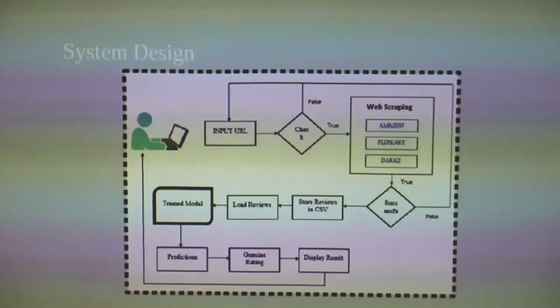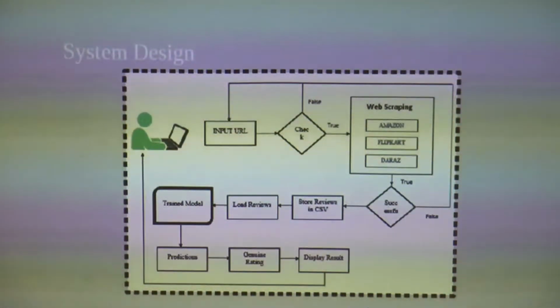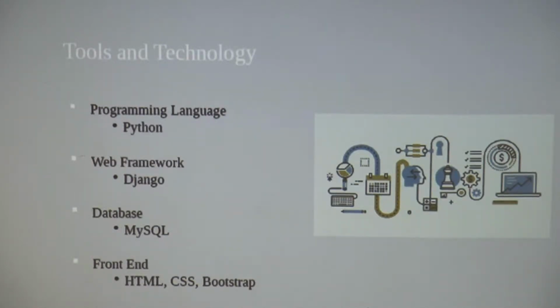You introduce the URL, either Amazon, Flipkart, or Daraz, and the process runs, and they have the trusted reviews. The tools and technology used are the programming language Python, the web framework Django, the database MySQL, and HTML, CSS.